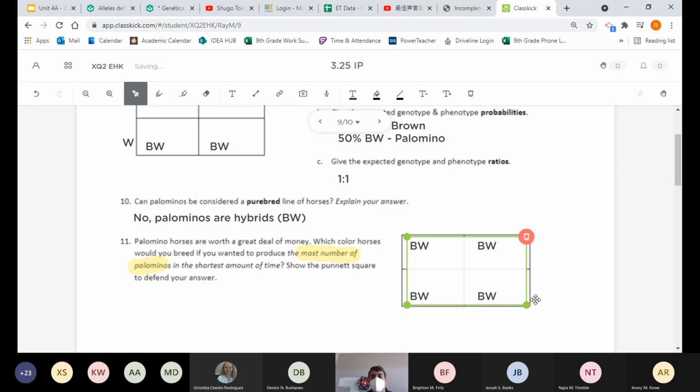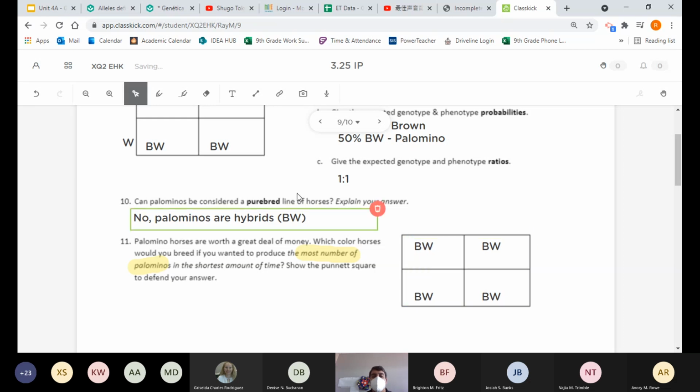Again, it's a little confusing, and I know, I'm sorry, but what they're trying to show you is that we're setting up the possibility of what's called codominance, which we'll talk about tomorrow. But these are set up the exact same way that we've done these before. The only difference is instead of having a lowercase letter, you have two uppercase letters.